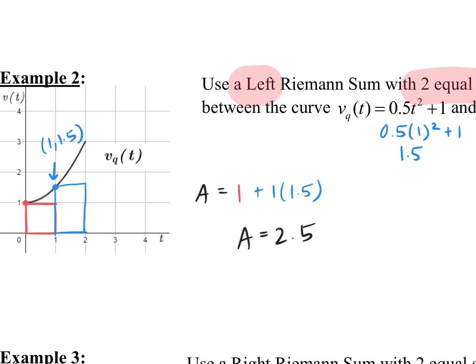Now, when there's still stuff that we didn't account for, we call this an under approximation because we did not account for everything that is on or underneath our curve. Next to the over approximation, yes.